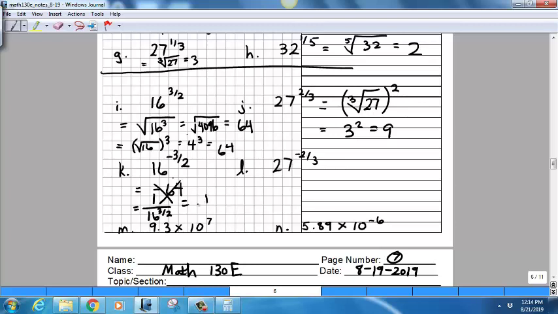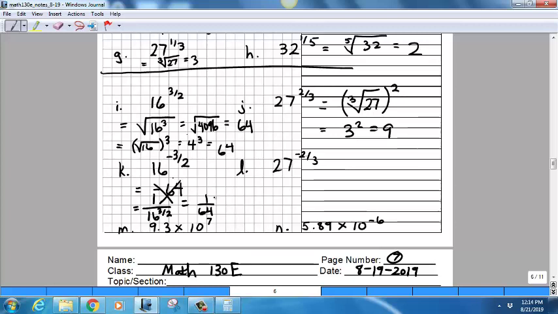I'm glad you said that, Tajane, because a lot of people are thinking the same thing. It's an easy misconception, but it's one we want to get out of the way fast. Tajane, what about 27 to the minus 2/3? We already know what 27 to the 2/3 is, so it'll just be 1 over 9.